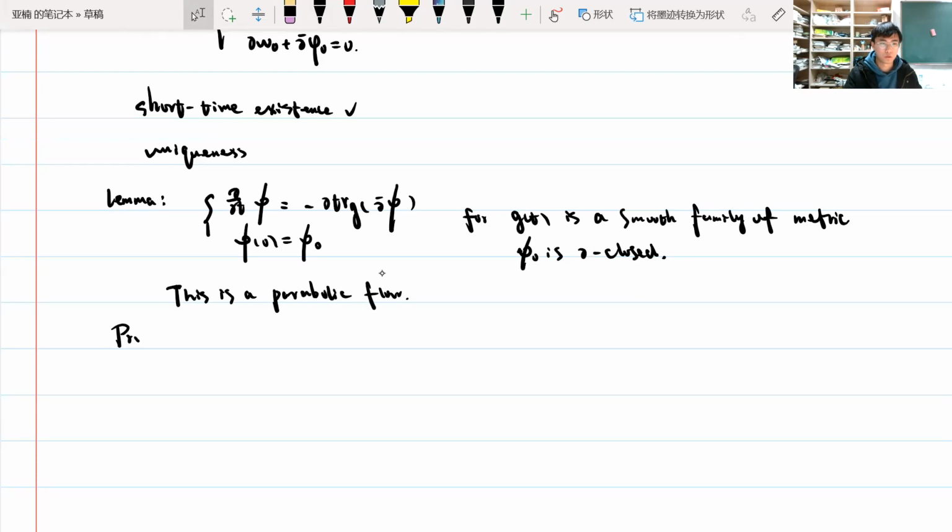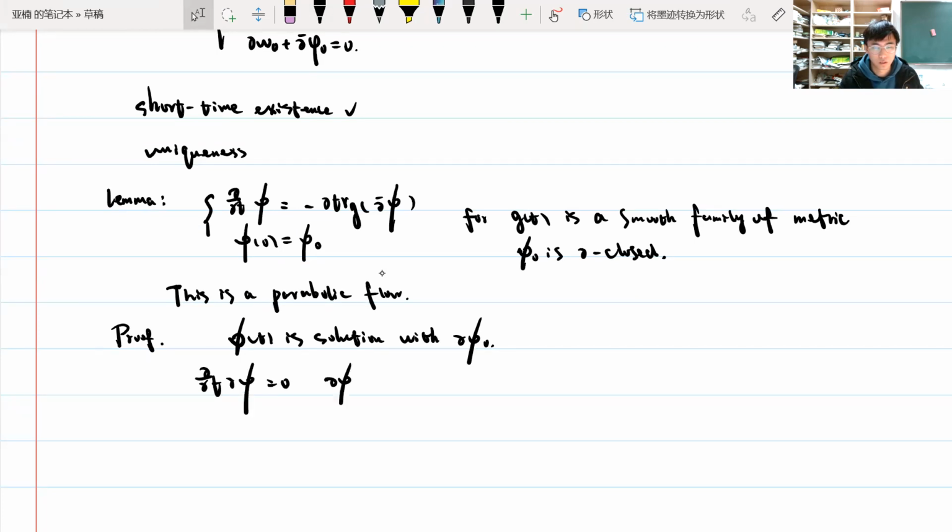And then we can prove about it. Firstly, we observe that if phi t is a solution with initial condition d-closed, then the solution phi t is d-closed at any time.